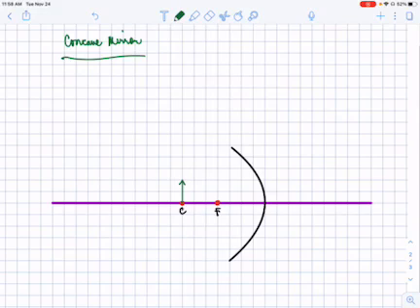Again, this is a technique by which we use the geometry of the mirror or even the lens, and the laws of reflection and refraction to locate and sketch the image formed.